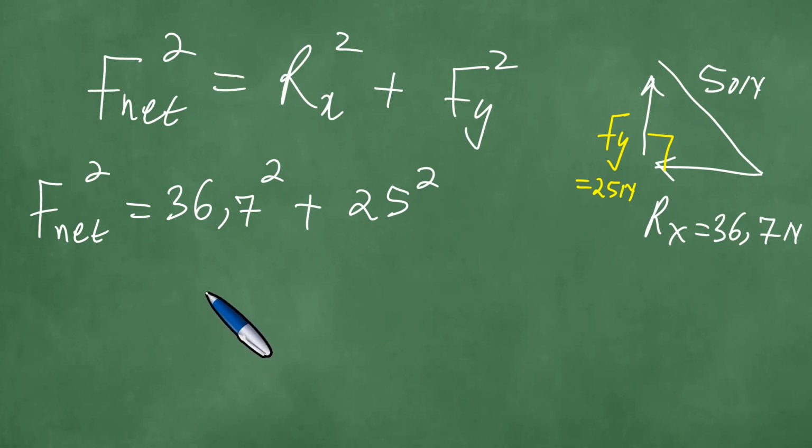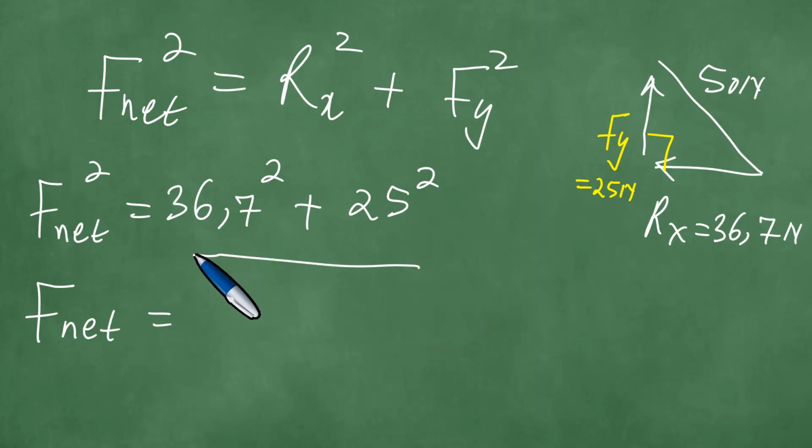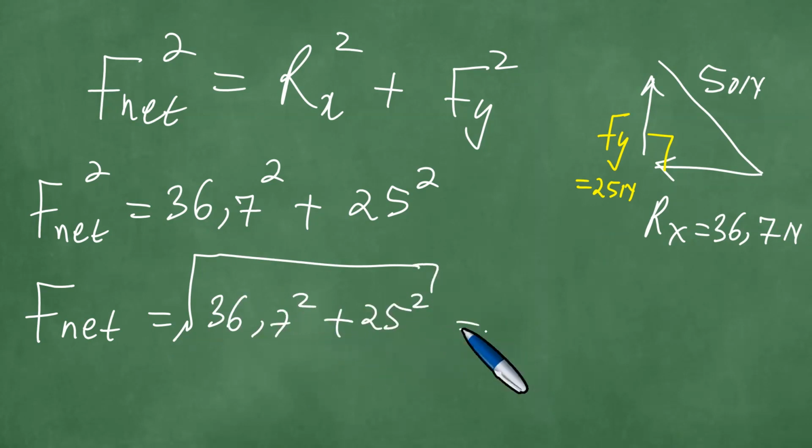Right, so if this is the case, we are then able to use a calculator and see that F net is the square root of 36,7 squared plus 25 squared.